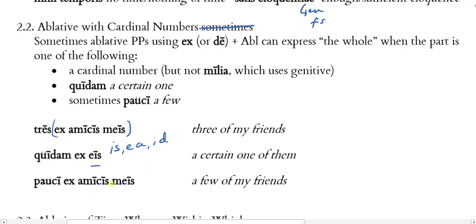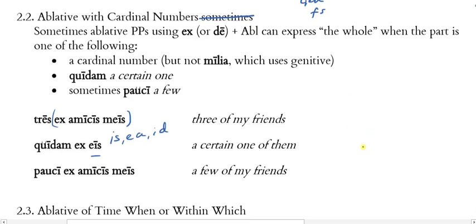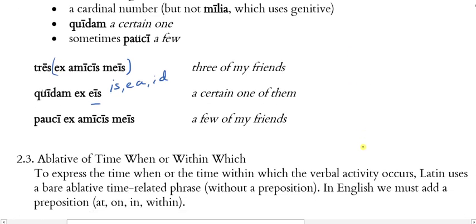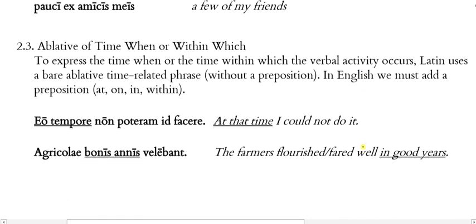And then pauci ex amicis meis, same expression as we had up here with tres, but instead of three of my friends, this is a few of my friends. All right. So that's using ablative with cardinal numbers for proportionality here, portioning out expressions.